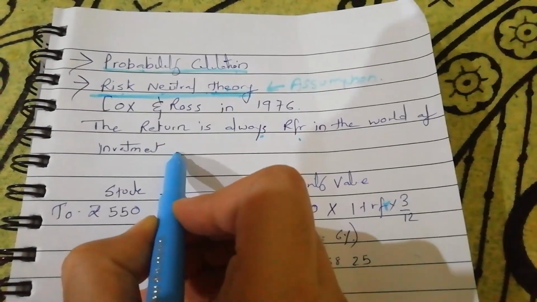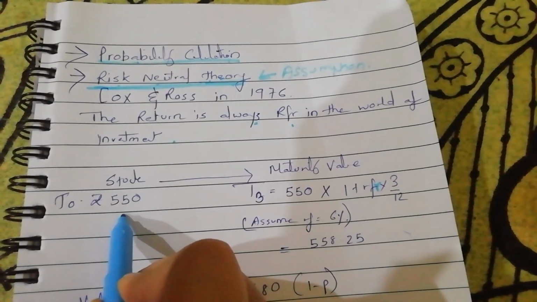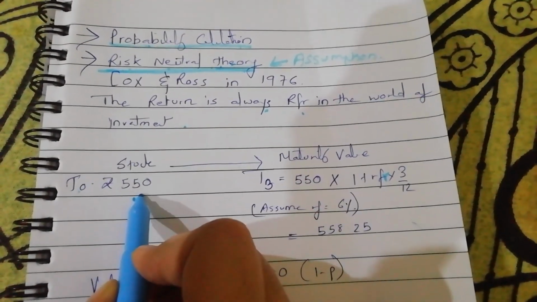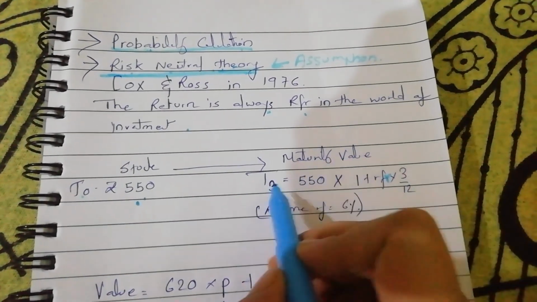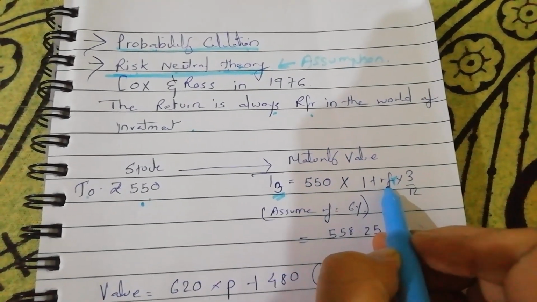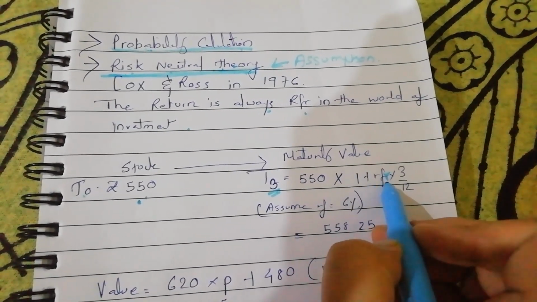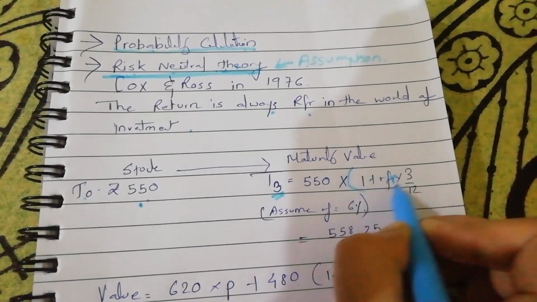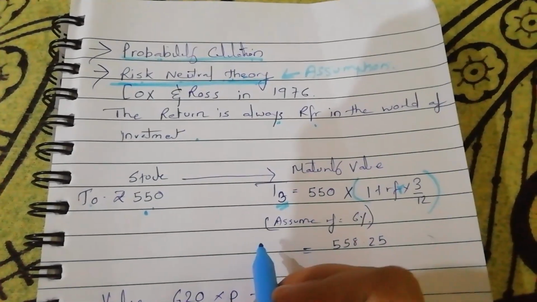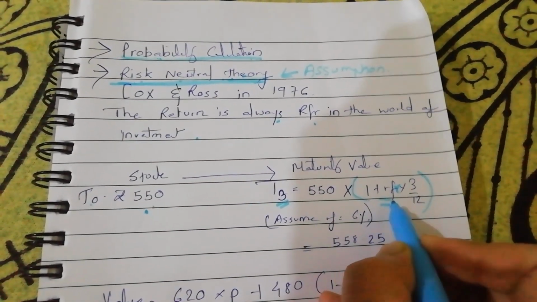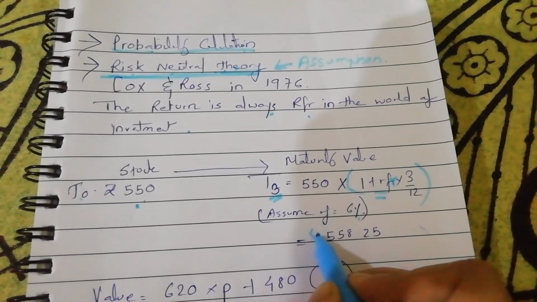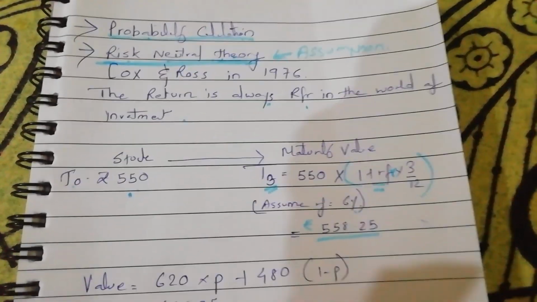So now if this is the case, what will your stock give as return? Your stock today is rupees 550 and the maturity is 3 months. So in 3 months the 550 is going to give returns at the risk-free rate. When we calculate 550 times 1 plus risk-free return into 3 months divided by 12, the risk-free return we are assuming to be 6%, we get rupees 558.25.